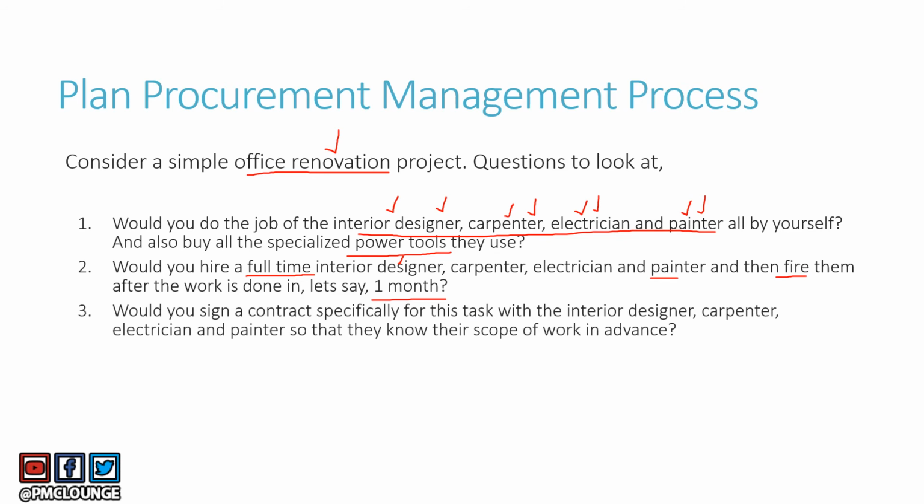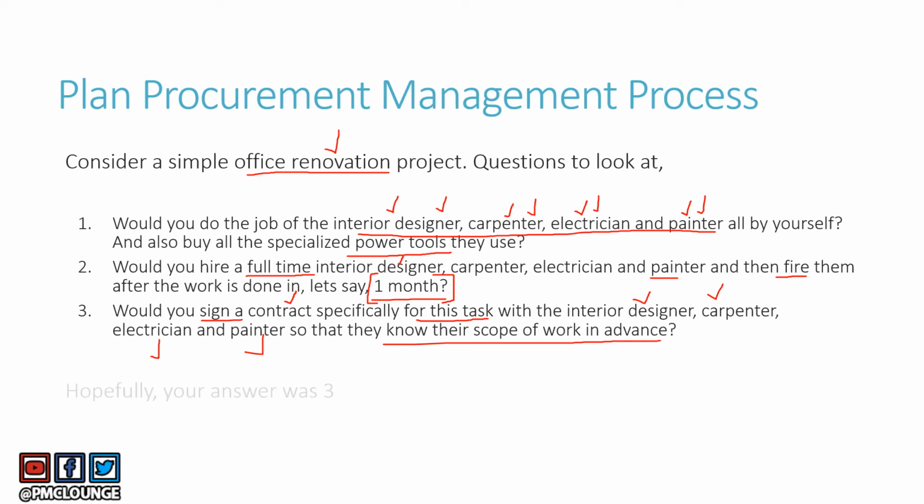Point number three is, would you sign a contract specifically for this task with the interior designer, the carpenter, the electrician, and the painter so that they know their scope of work in advance? So they already know that this work is going to last for about a month, and this is the contract that is being presented by the project manager of this project for the services that are required by them for 1 month.